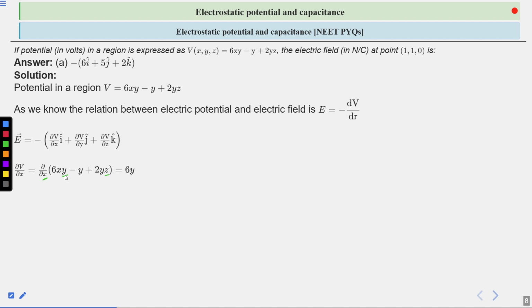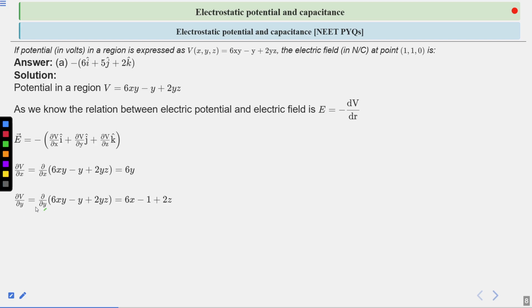So only 6y remains, because x is present in this term, and this partial differentiation will only consider x as variable, the others as constants. So 6y is achieved.